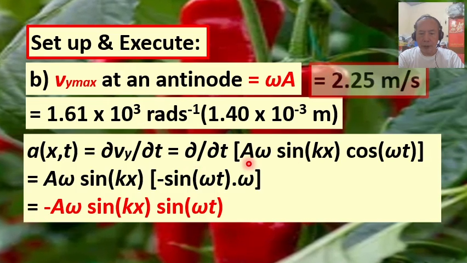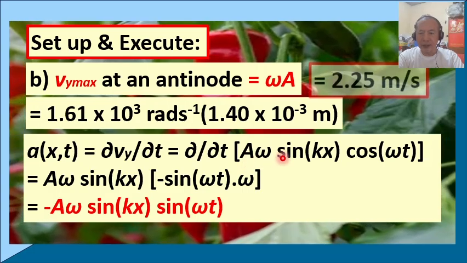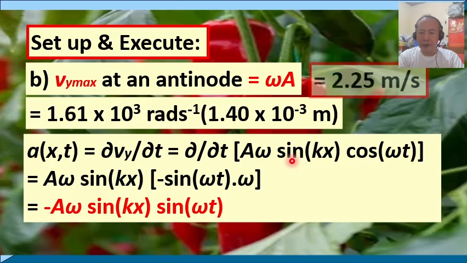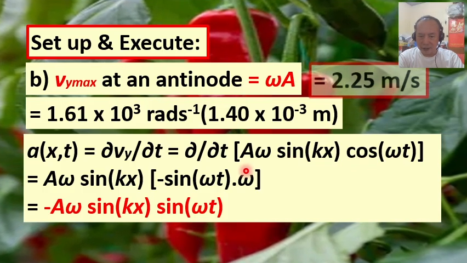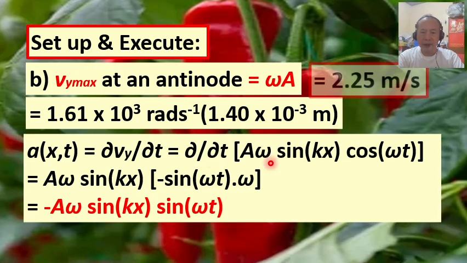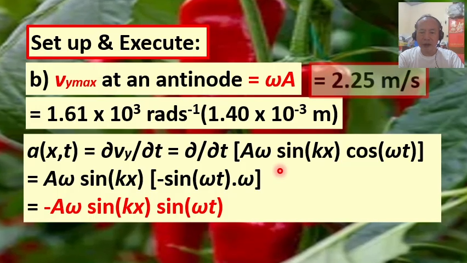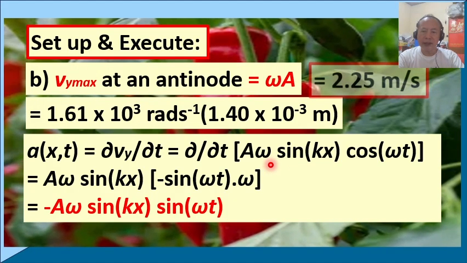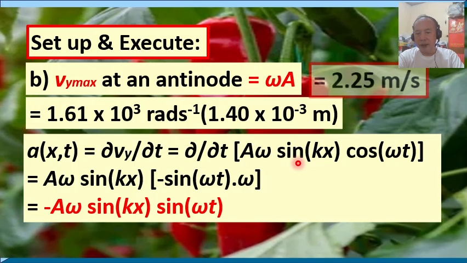So Vy has this equation, capital A times omega times sine kx multiplied by cosine omega t. Again, we treat the variable x as a constant, as if it is just a number.